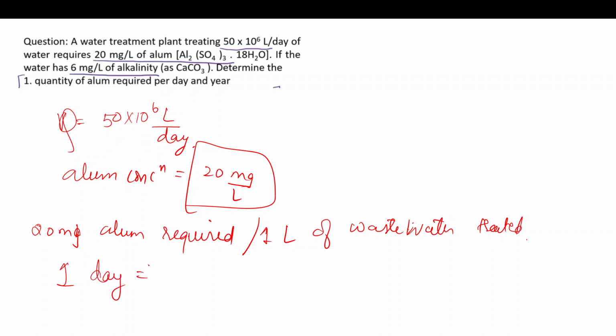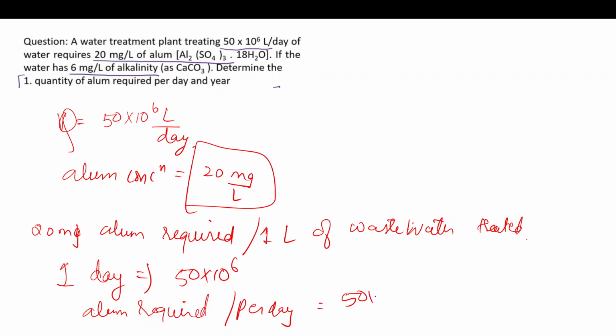One day water treated is 50 into 10 to the power 6, right? Because it is 50 into 10 to the power 6 liters treated in one day. Okay. So alum required per day will be 50 into 10 to the power 6 into 20, right?